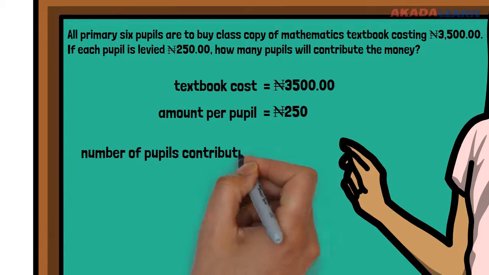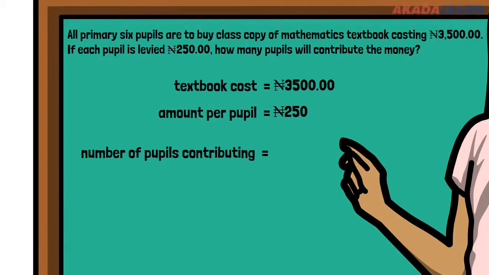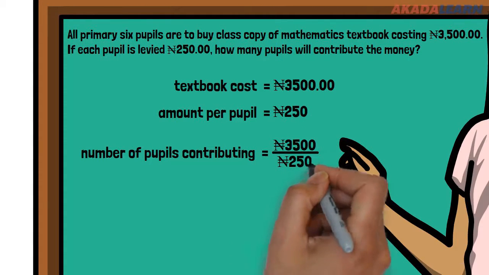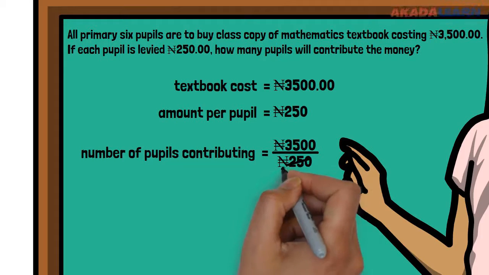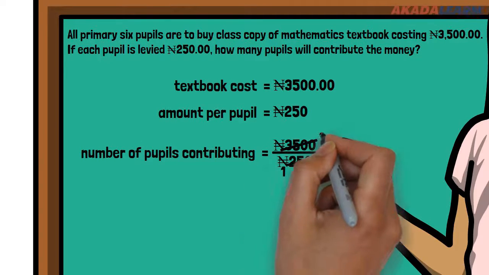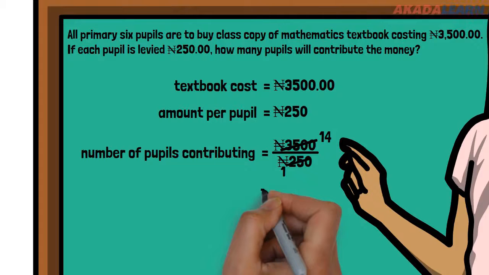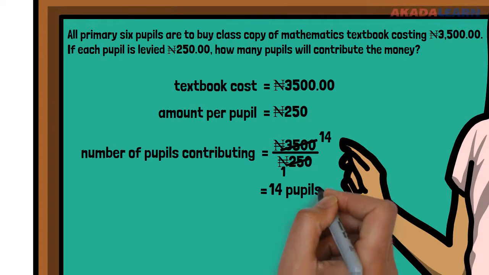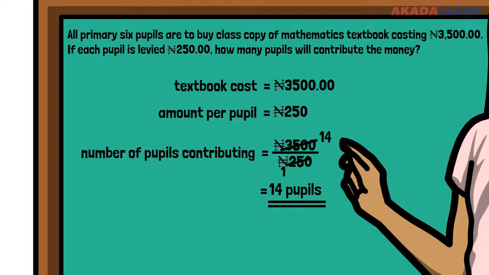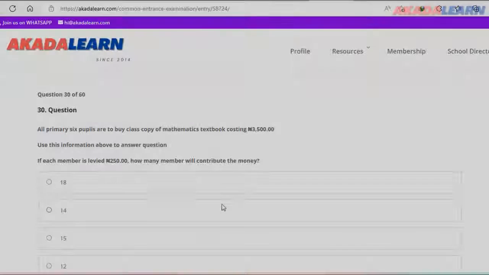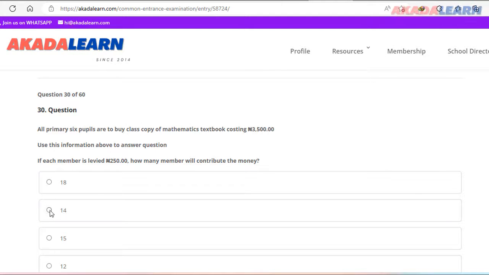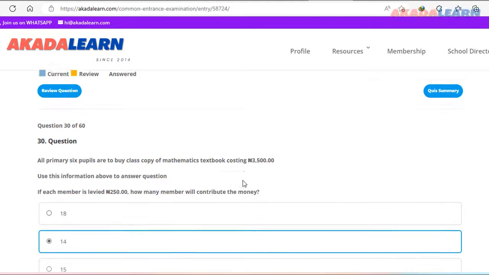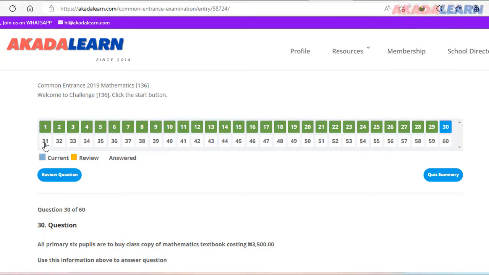So number of pupils contributing will be 3,500 naira over 250 naira. 3,500 divided by 250 is 14, which is equal to 14 pupils, which is your final answer. So as you can see, the answer is 14. Let's go to the next question.